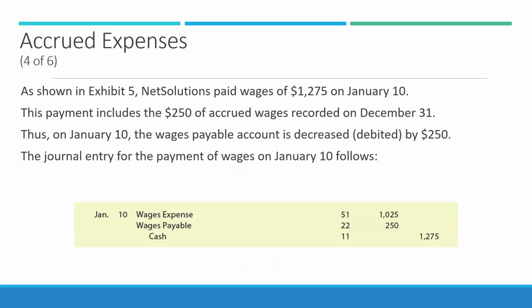So this journal entry, when we actually pay the wages, is going to show a wage expense for those days in the next year, in January. It's going to show the wages payable of $250 that was accrued in December, and the difference is going to be the cash. Because we want to show those wages expense in December for those salaries that were earned, or incurred, in December. Okay? Make sense?